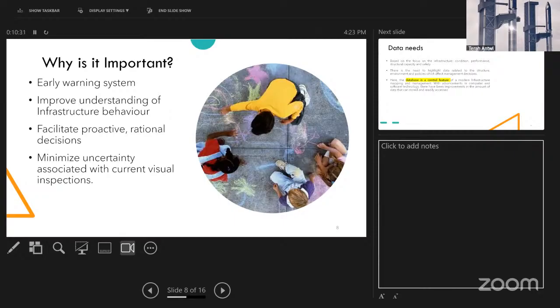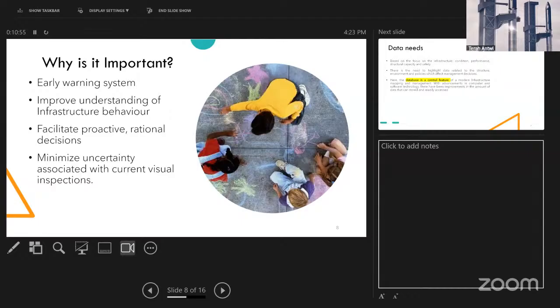So it's important that you map your infrastructures and have them sit somewhere for proper rational decisions, or you can have a certain dynamic response measurement for your infrastructure so that you can look for something like an early warning system.